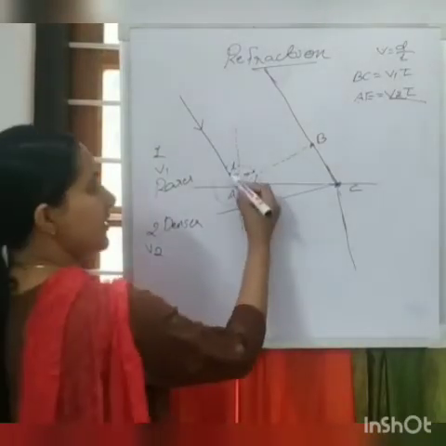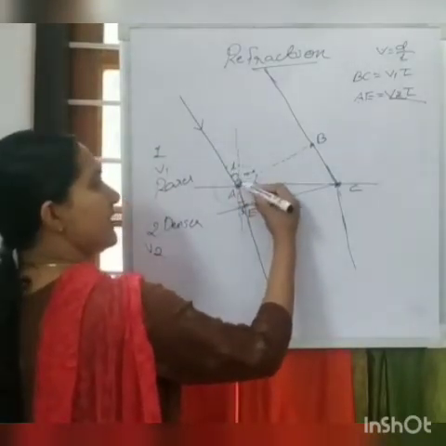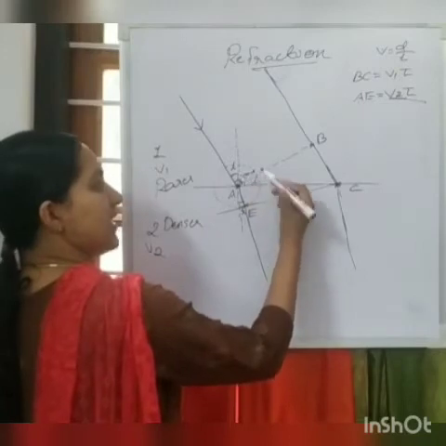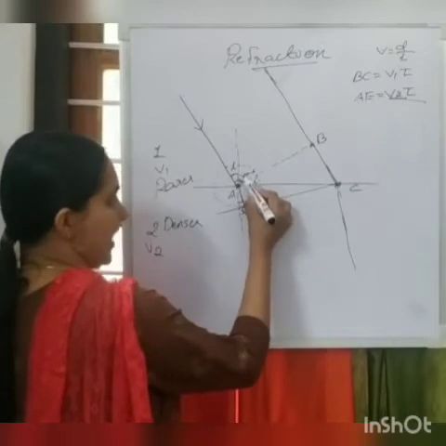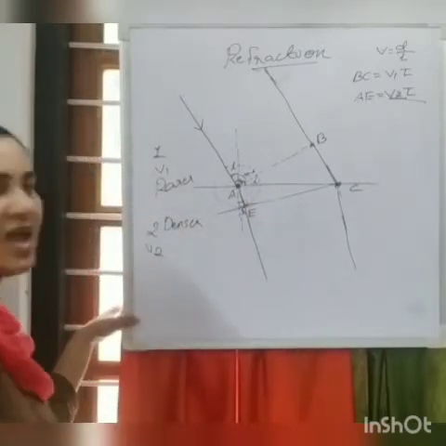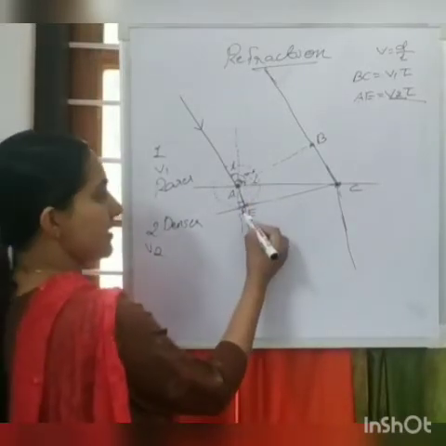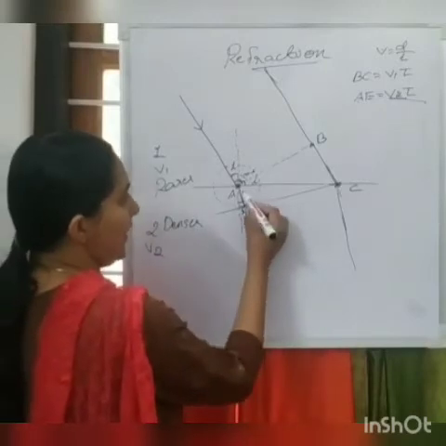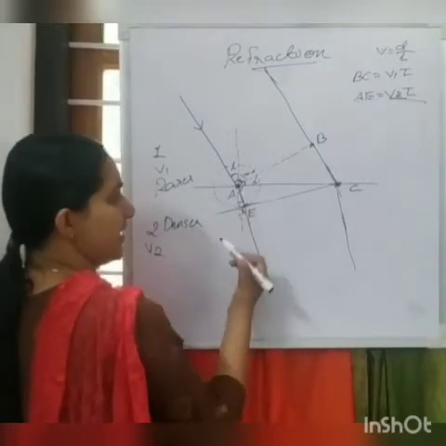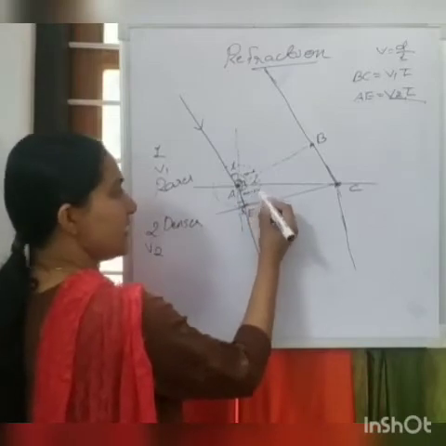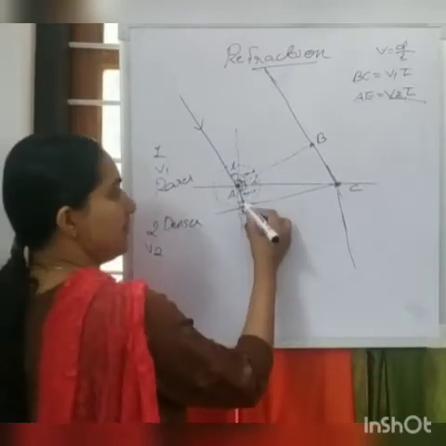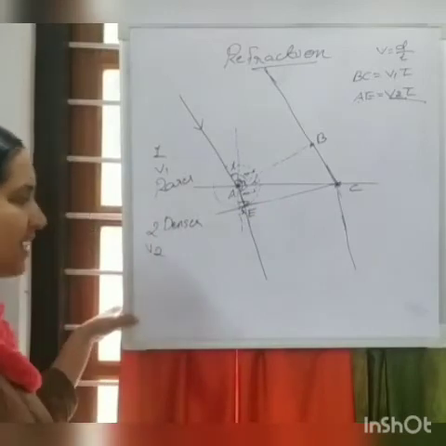Clear? Here it is I. This is 90 degrees. So this angle will be 90 minus I. As this is 90 degrees and it is 90 minus I, this angle will be I. Similarly, here R. Okay. And here total is 90 degrees. So this angle alone will be 90 minus R. But this is tangent, which means 90 degrees.